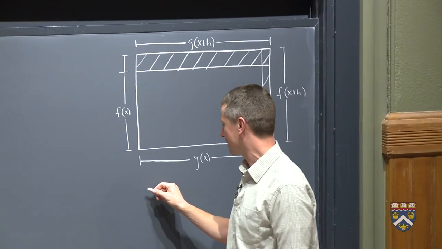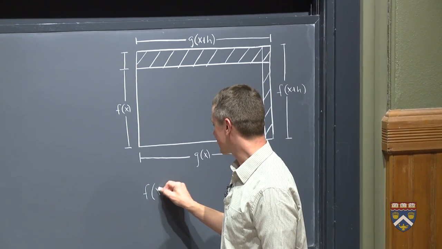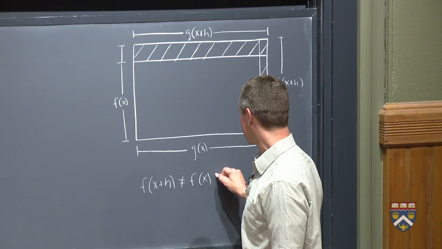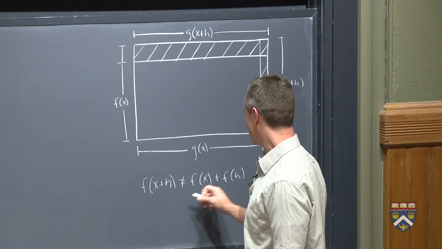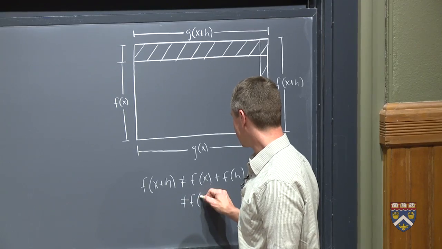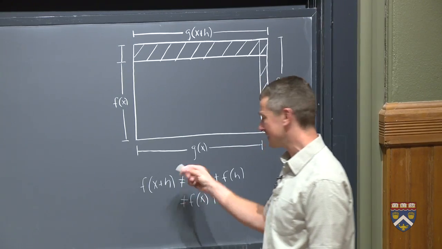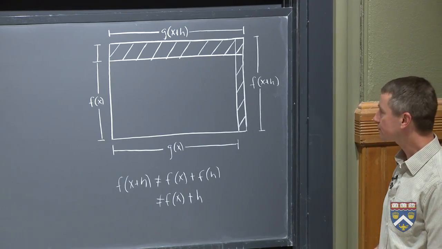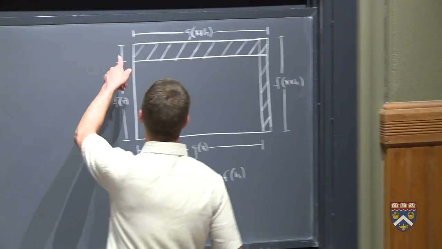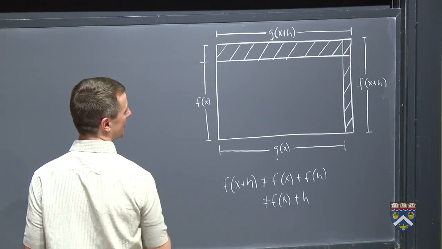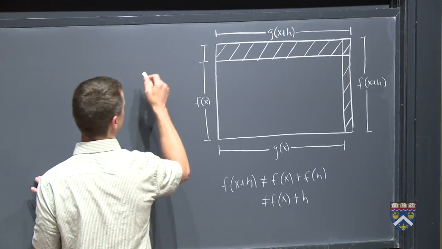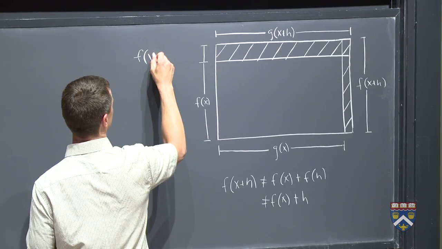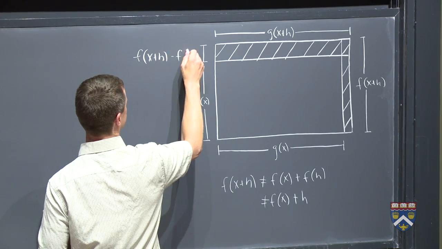We know, can we all agree that f of x plus h in general is not the same as f of x plus f of h, and it's also not the same as f of x plus h. In fact, it's a very, very rare function that will make f of x plus h equal that. So really, the only way that we can write this thing up here is by taking the entire height, f of x plus h, minus f of x.